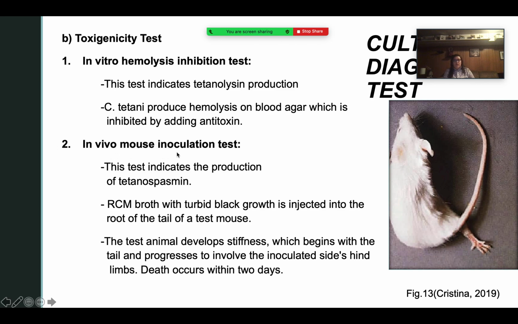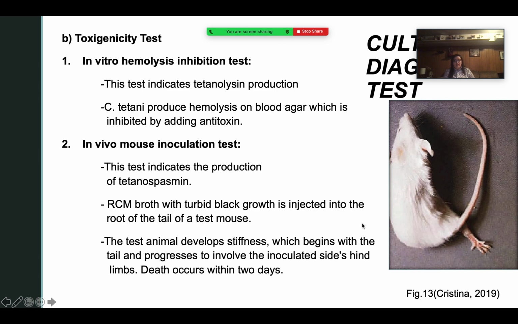The in vivo mouse inoculation test is going to indicate the production of tetanospasmin. Here we use the Robertson cooked meat broth, which is going to look turbid with black growth.